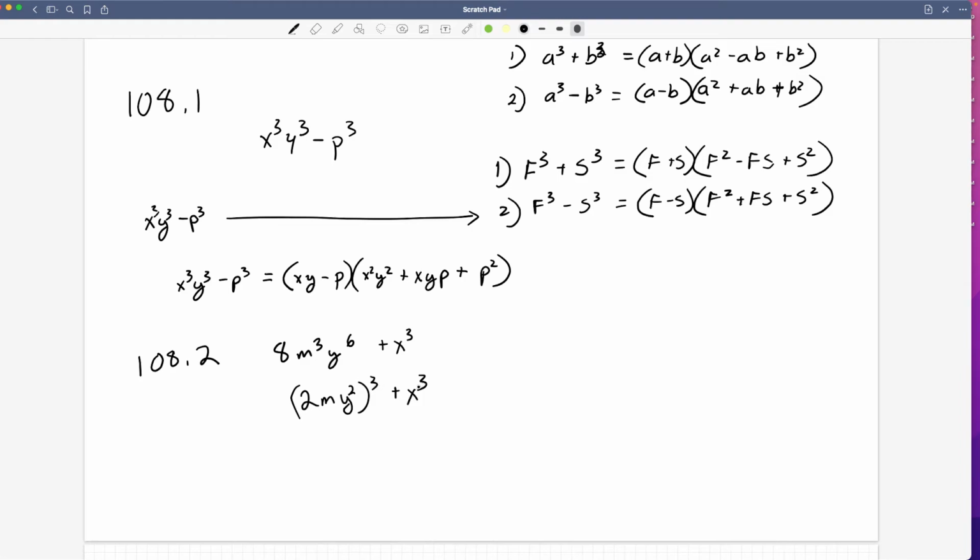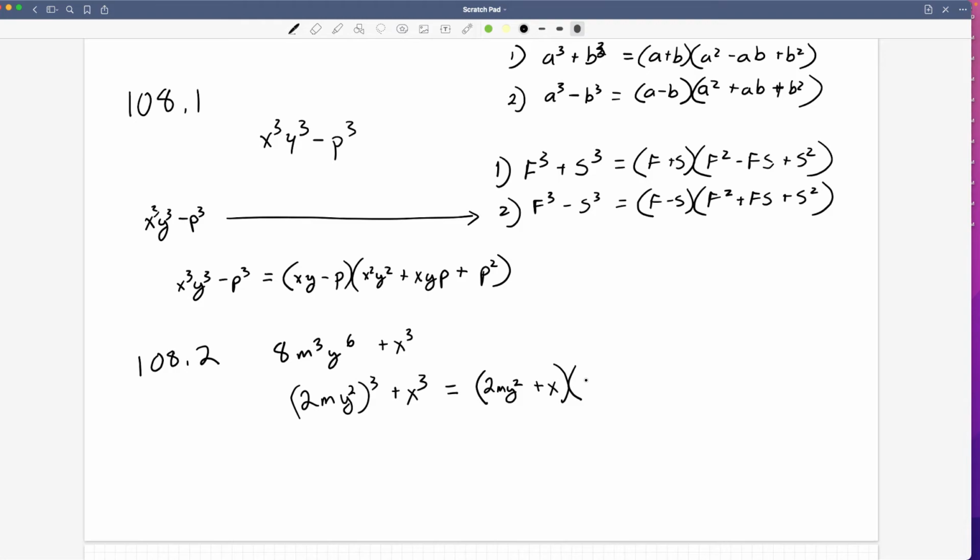So the sum of 2 cubes is going to be the first form. So that's what we're going to write it as. The sum of the 2 cubes is equal to the first thing, which is 2my squared, plus the second thing, which is x, times the first thing squared.